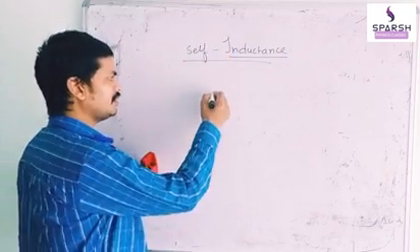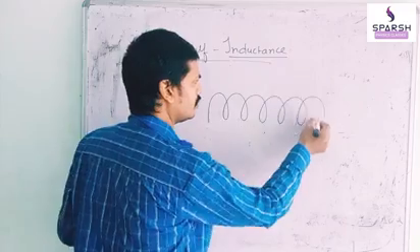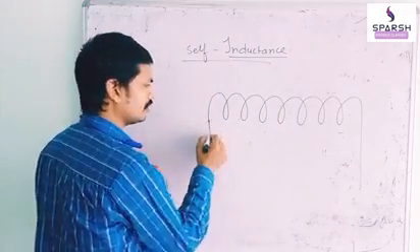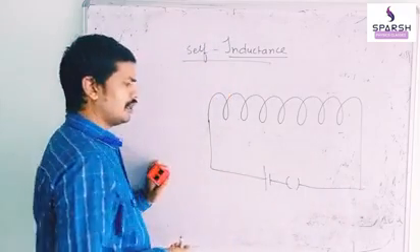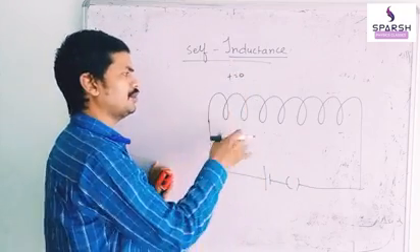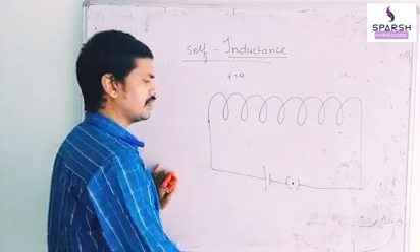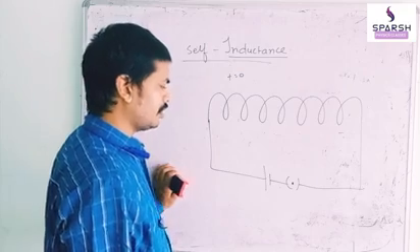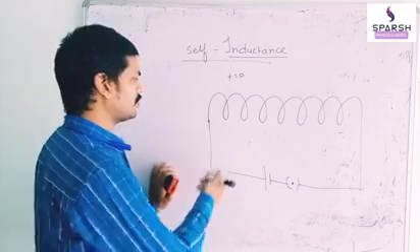Self-inductance क्या होता है? जब किसी कॉइल में जो कॉइल कनेक्ट है बैटरी से और एक स्विच लगा हुआ है, अगर इस कॉइल में करंट नहीं फ्लो कर रही है t is equal to 0 पे, उस टाइम कोई भी करंट फ्लो नहीं कर रही है, और अगर हम स्विच को ऑन कर दें, if we put the switch in on position, then what happens?